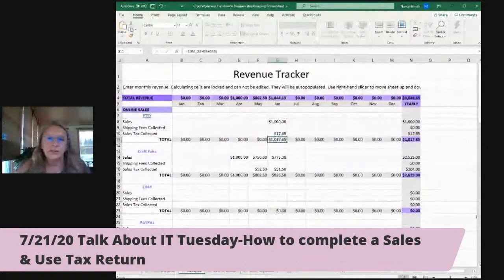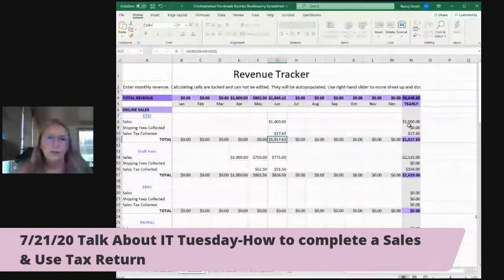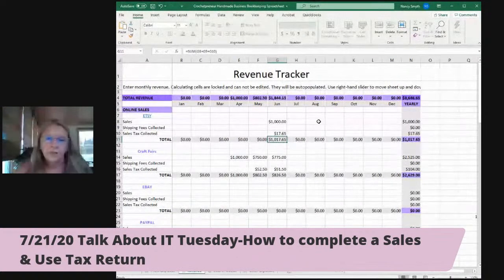There's all these things. So in order to work with this spreadsheet and determine your sales tax liability, you would have to take the individual sales totals from each of these different categories that she has. So here's my $1,000, here's my 25. That gives me that total of 3,525.